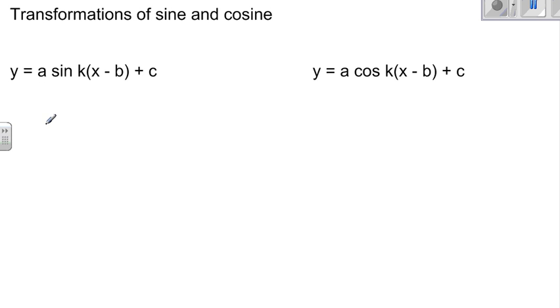In this case though, it changes what we call the amplitude. When it comes to sine and cosine, we call the height the amplitude. That's how high up the peaks of the waves go. You could also write that it's a vertical stretch or shrink if it's a fraction.